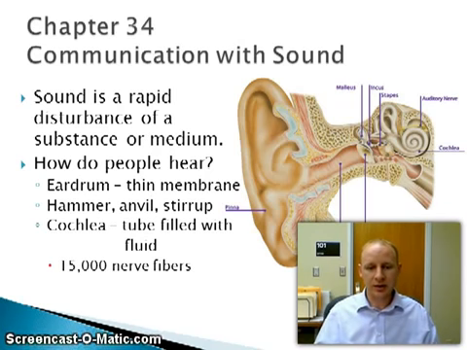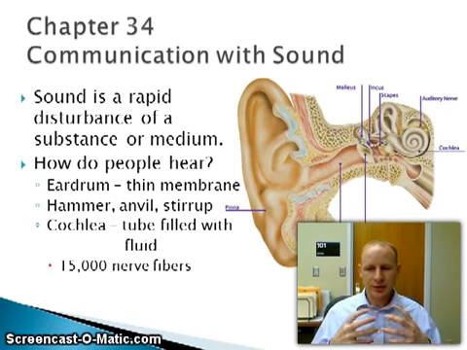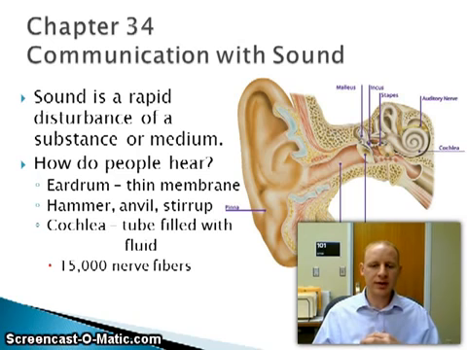And the cochlea is a tube filled with fluid, and within that tube there are about 15,000 different nerve fibers. So as the vibrations are going through the cochlea, the nerve fibers pick up that information and then send it on to the brain, allowing us to process that information and understand the sound.